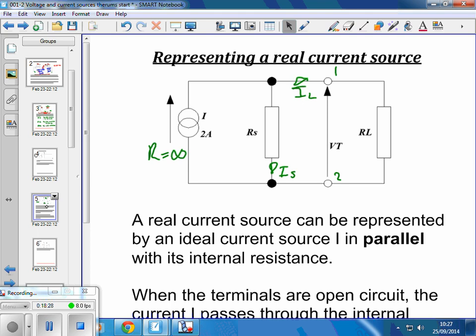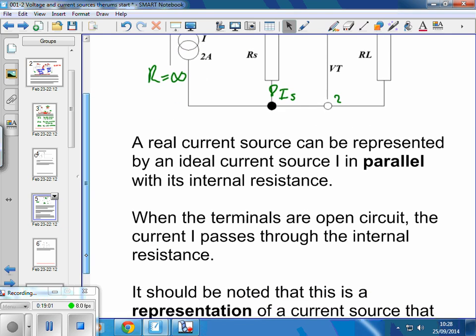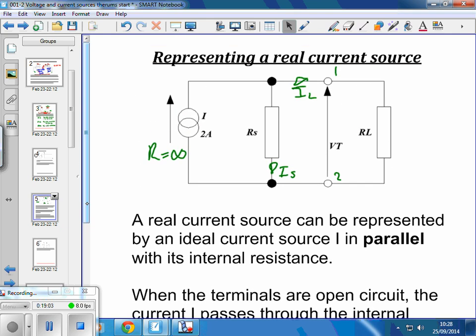What is also going to happen in that circuit is that the terminal voltage is going to change, because ultimately that current source is provided by a source of voltage anyway. It's just that in some circuits we're interested in its current value rather than its voltage value. So if the terminals are open circuit, we take the load away.